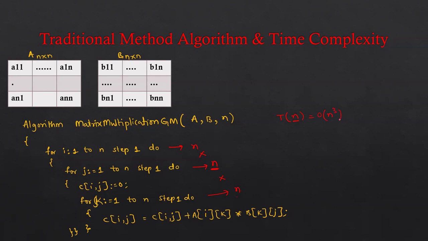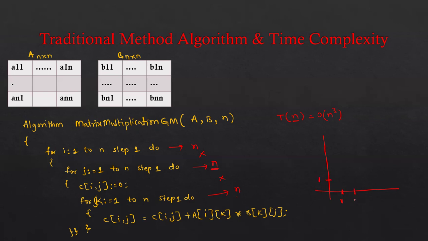So what is the worst case time complexity? n cube. Okay, so I am going to draw this on a graph. When n is 1, the result is 1.